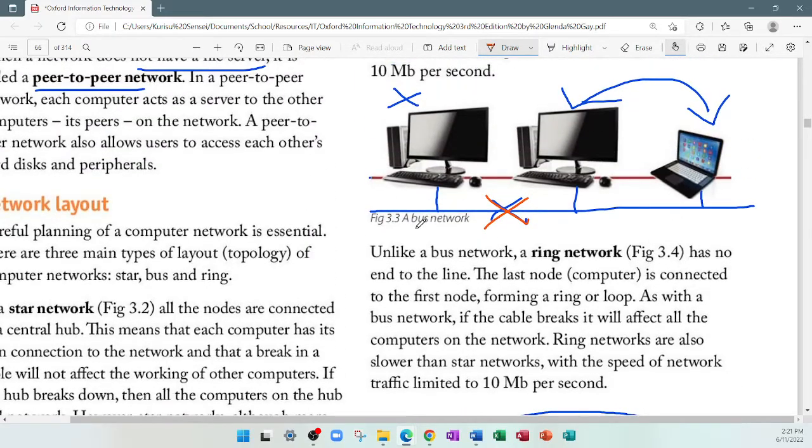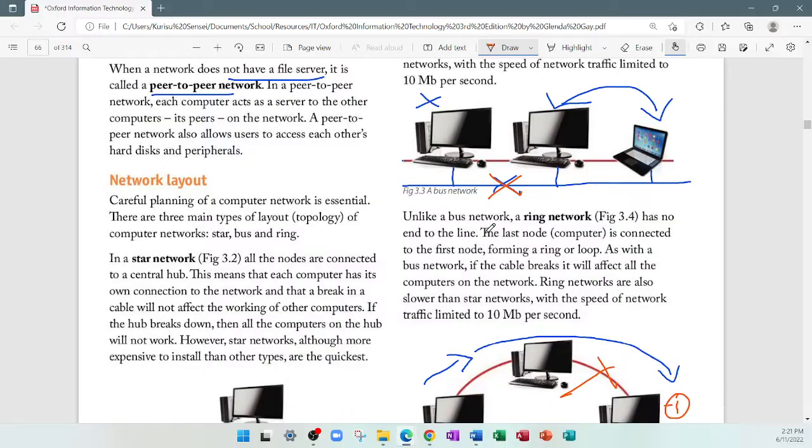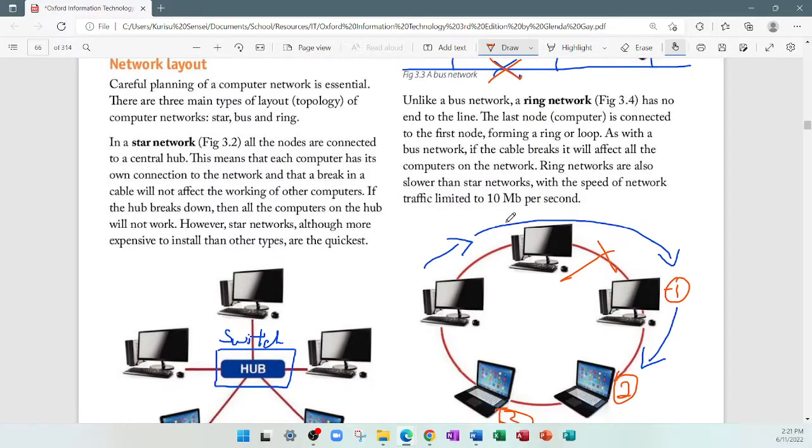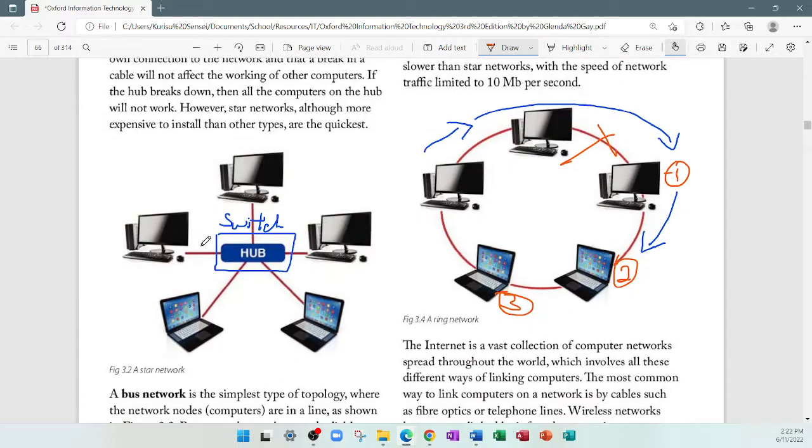Now, if you're wondering why we have these configurations, why we have the ring and the bus, well, they are older forms of configuration. We do not use them anymore. The main standard that we use today is actually the star, because as you can see, the only point of weakness is the switch, which makes the configuration easier.